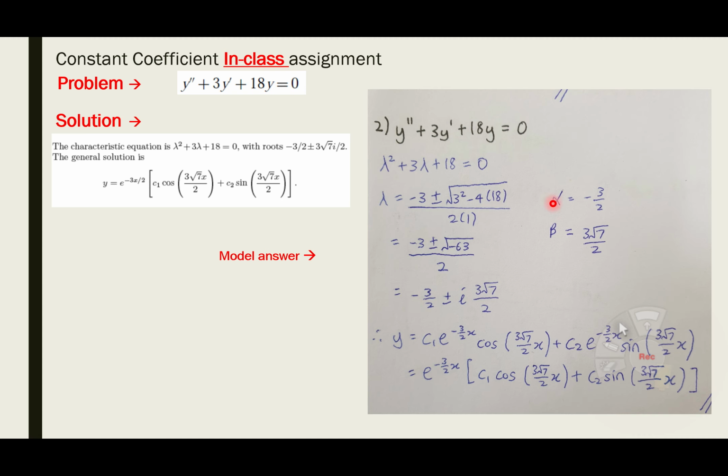From here we can say that alpha is minus 3 over 2, beta is 3 radical 7 over 2. Then the final general solution is y equal to e to minus 3 over 2 x times c1 cosine beta x plus c2 sine beta x.